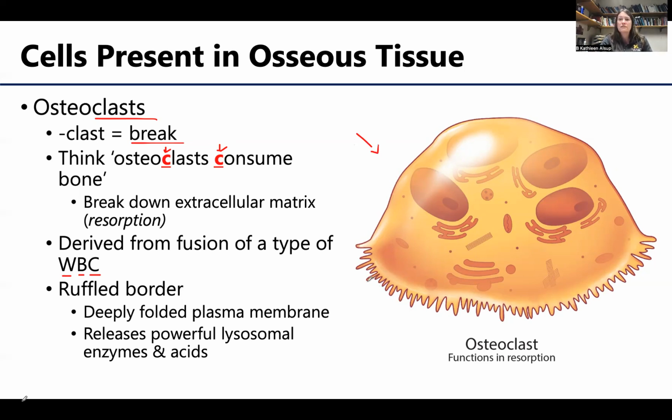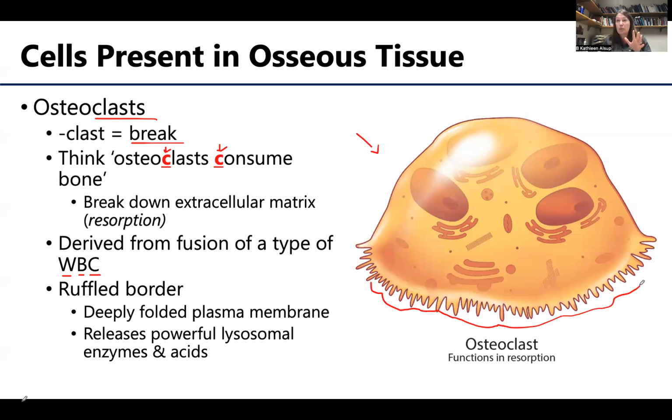Osteoclasts also have this very distinctive ruffled border, which will always be bone facing. And when it is signaled to do so, it will allow lysosomes and other acids to be released and actually break down the extracellular matrix of bone as part of, hopefully, normal functioning.